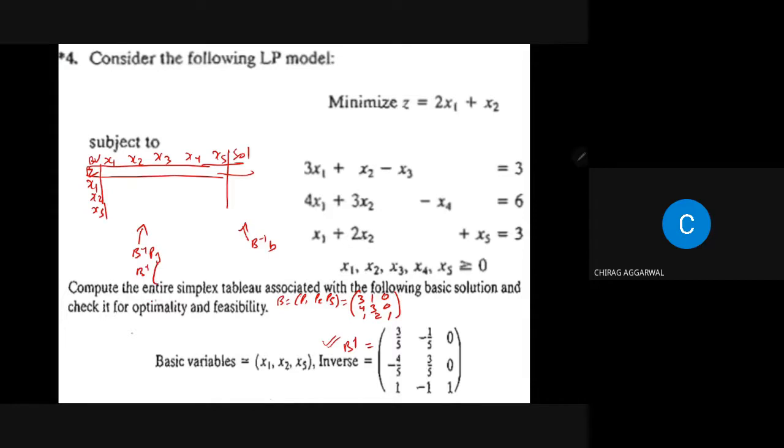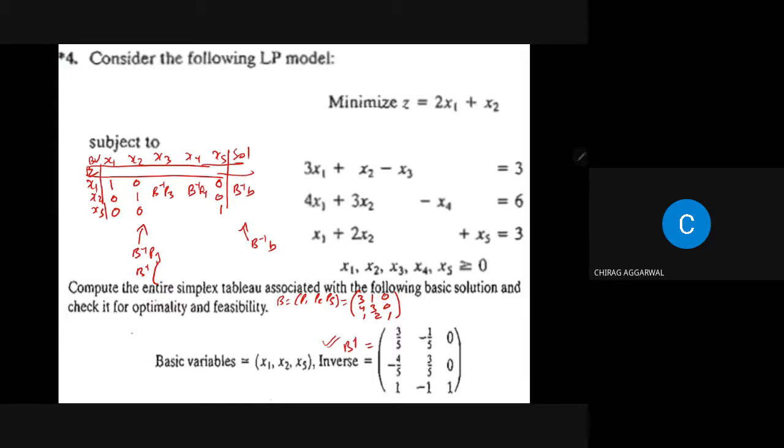And we know that corresponding to x1, x2, x5, it must form the identity matrix, because these are the basic variables. So we need not compute them; it automatically comes as 1 0 0, 0 1 0, and 0 0 1. Now we have to compute B inverse P3, B inverse P4 and B inverse b.